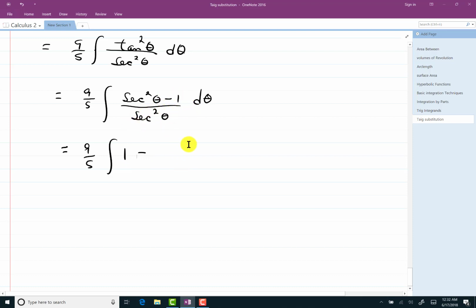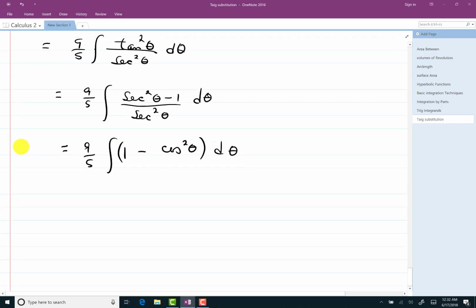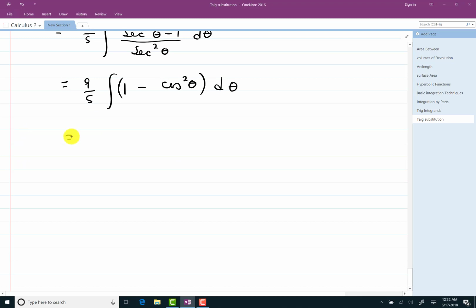Well, 1 over secant is cosine. And then I'll have to do the thing that I always do, the double angle formula. Now, if I think of this as 1/2 minus cosine 2 theta over 2, I'll be able to take 1 minus the 1/2 will give me a 1/2.